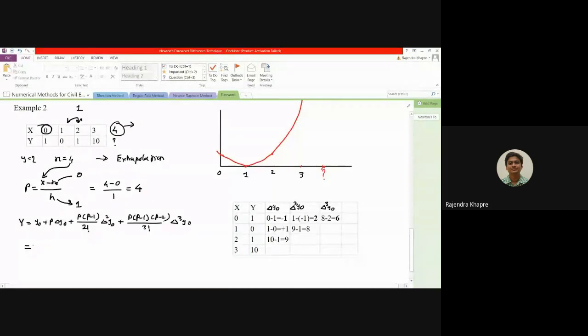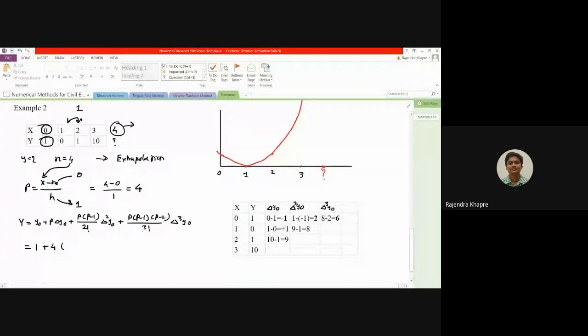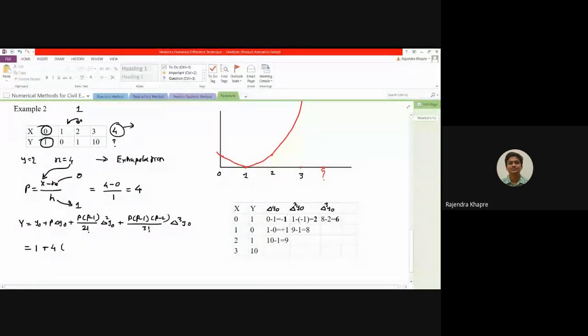Y0 is nothing but the first value of y, so the first value of y is 1. So I'm going to write down 1 over here, plus p value is nothing but 4, and delta y0 here is minus 1.